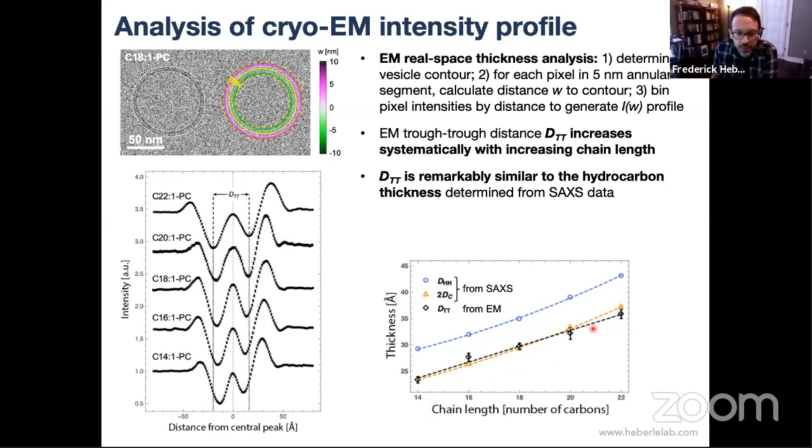That's the orange line. And that was a bit of a surprise to us because we expected that as an electron scattering technique, the cryo-EM would be most sensitive to the most electron dense part of the bilayer, and that's the head group region where the phosphates are. That's this value DHH. But EM isn't reporting the head group thickness, it seems to be reporting the hydrocarbon thickness.